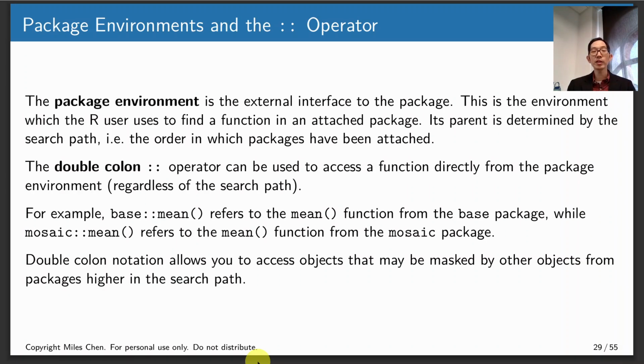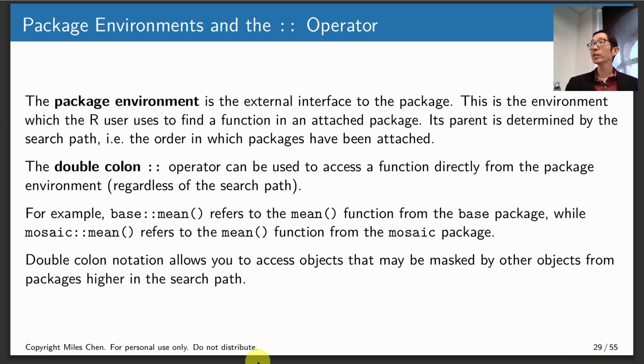So the package environment is the external interface to the package. This is the environment that R loads in the search path, okay? Which the R user uses to find functions in an attached package. Its parent is determined by the search path, and so as far as the package environment goes, that could change. The parents of those things could change depending on the order in which you load your packages, okay?